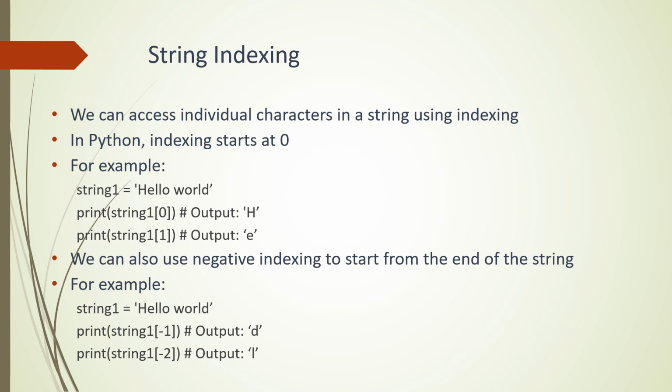For example, if you define a string 1 and assign it the string hello world, then if we decide to print the first character, we say print, bracket, string 1, then you use the square bracket 0, and then close the square bracket and close the print brackets.